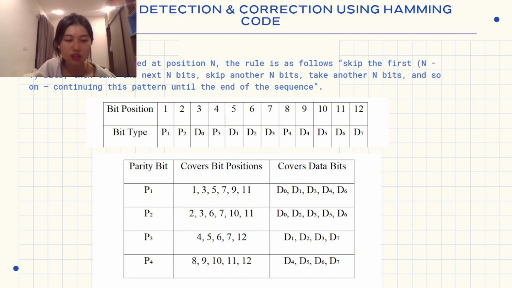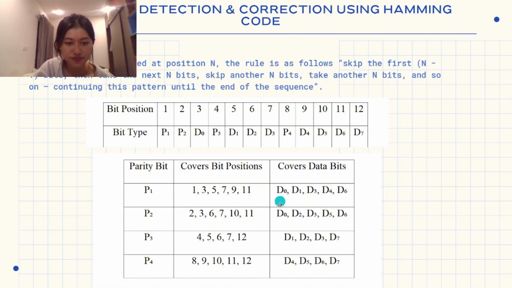And next, we know that a parity bit will check a small group. Which positions a parity bit will check is very simple, based on the rule: skip the first n minus 1 bits, take the next n bits, skip another n bits, take another n bits, and so on, continuing the pattern until the end of the sequence.